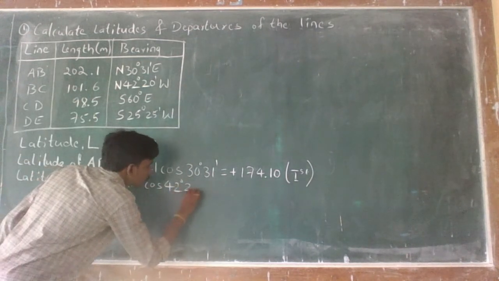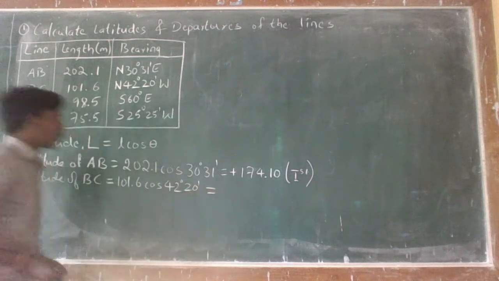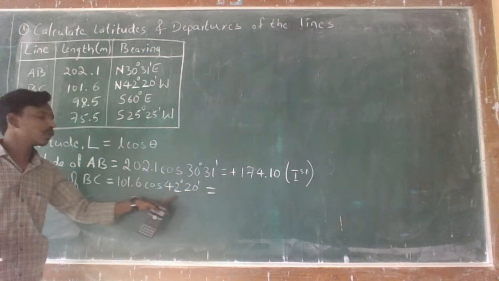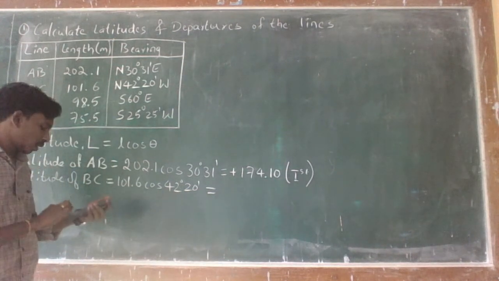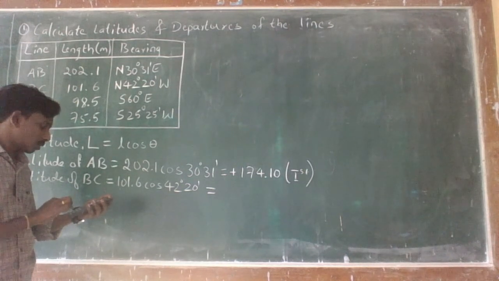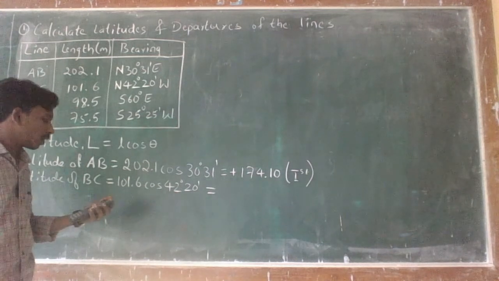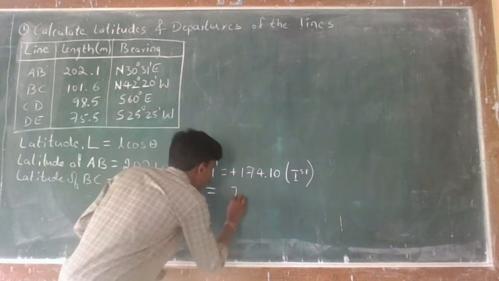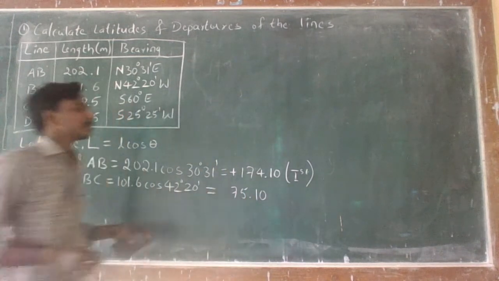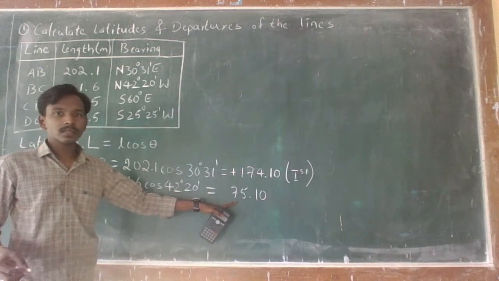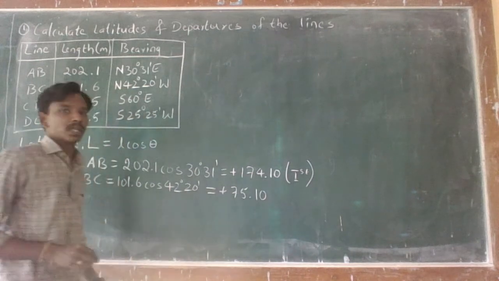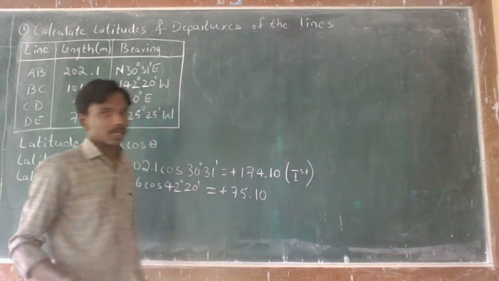So by calculating 101.6 cos 42 degrees 20 minutes, we will get the value 75.10. Here again the answer is positive in nature, so we have to denote the sign plus and we have to write the quadrant.